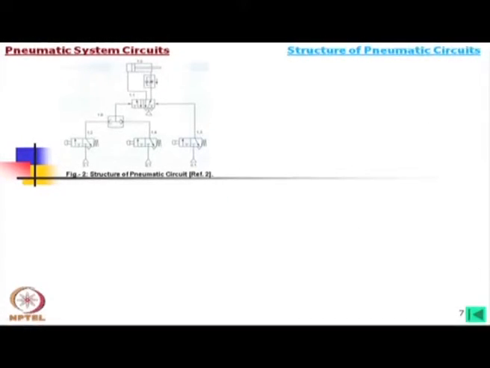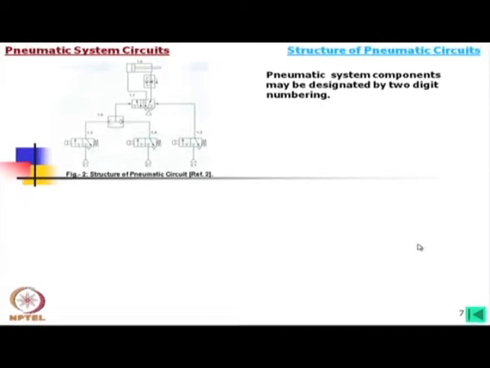Now, what is this structure which I have discussed? We can designate these items by two numbers. Here we find two numbers with a dot in between.